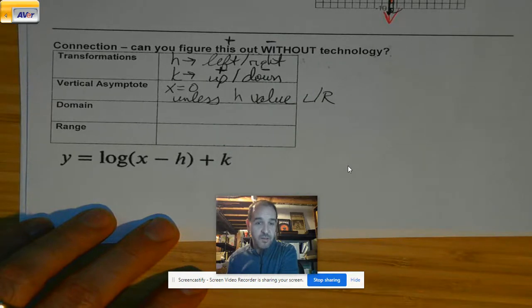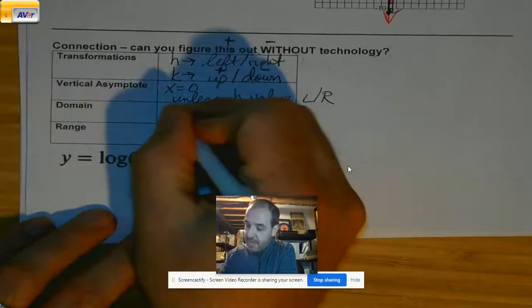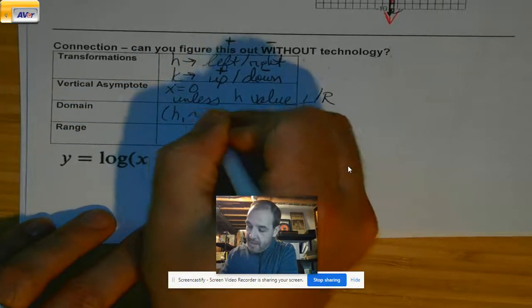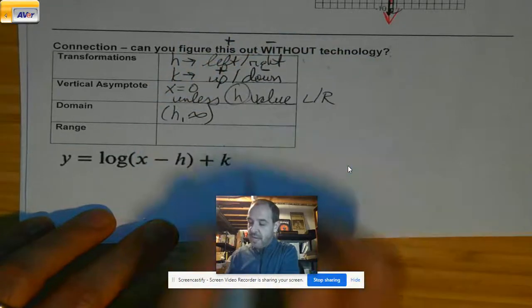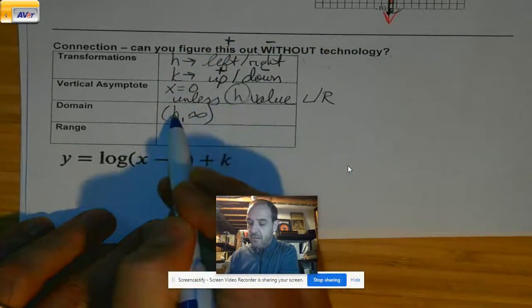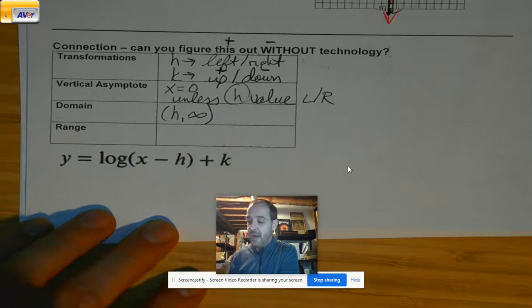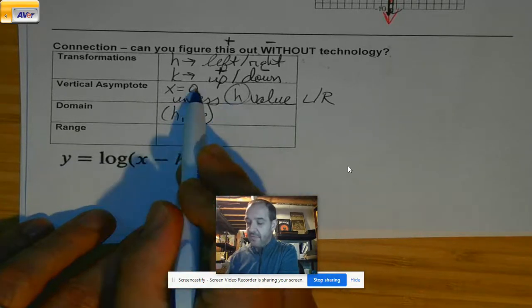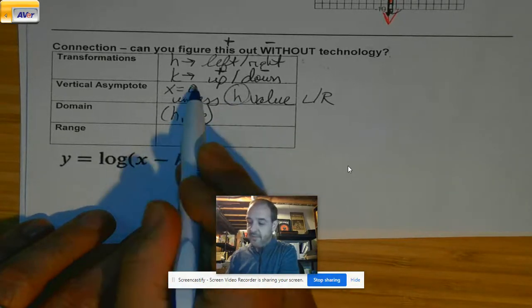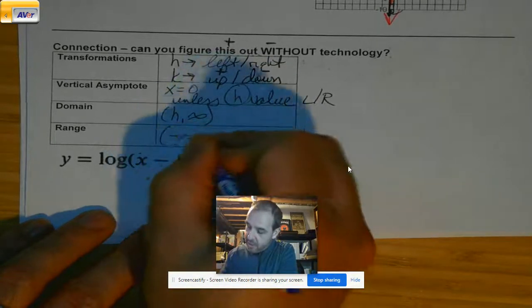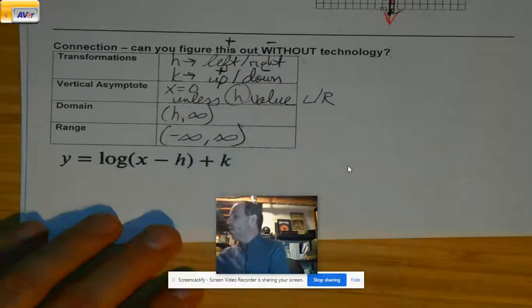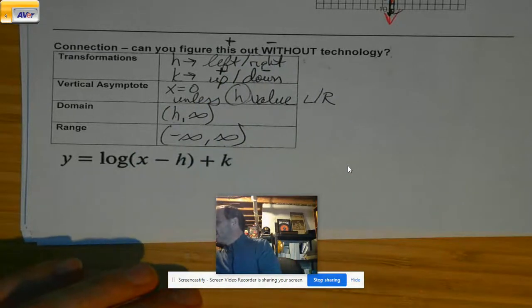So then your domain technically would be h to infinity, because whatever my h value was here is going to match here. So if my h value is 5, this is 5. If this is -3, this is -3, and so on. And my range is always infinite.